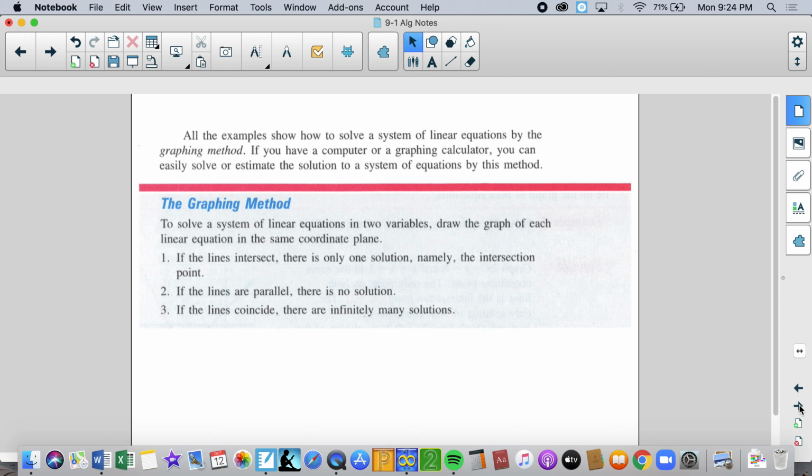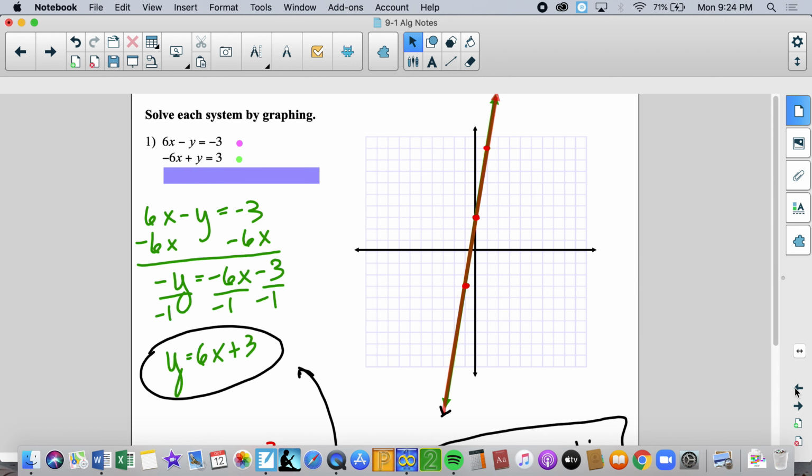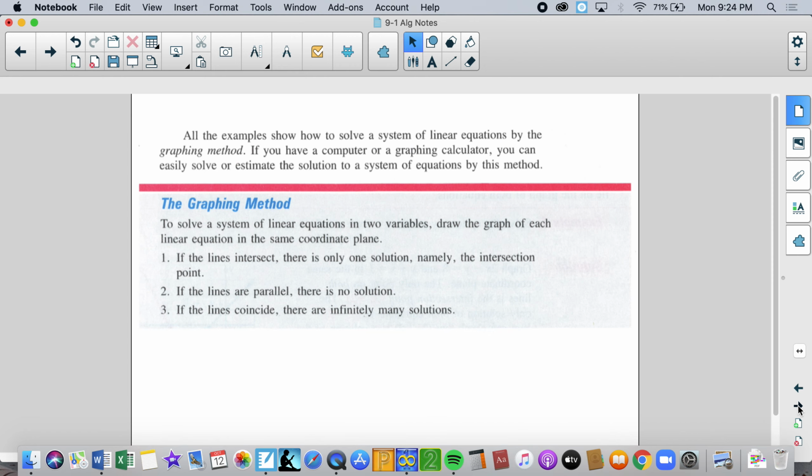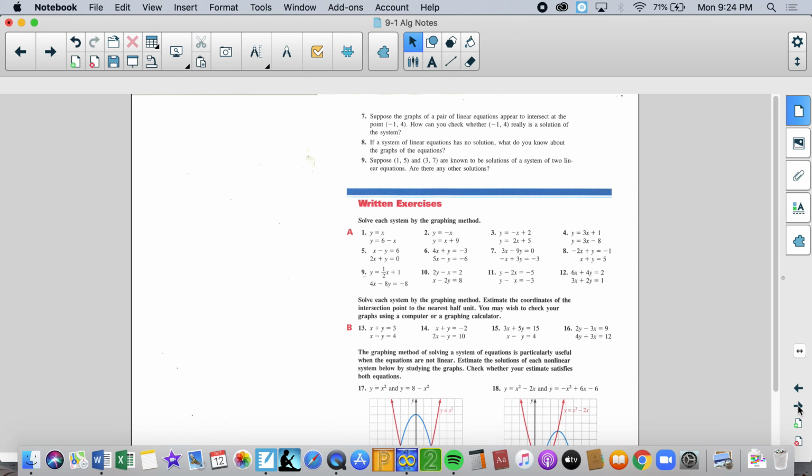And if the lines coincide, there are infinitely many solutions. And we have to remember that when it's given to us in standard form, we have to put it in slope-intercept form. We want to be able to pull the slope and the y-intercept. Sound good? All right, good luck.